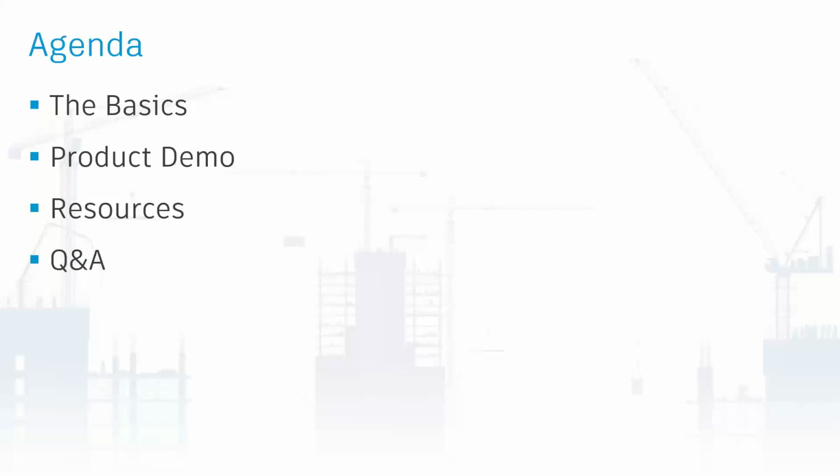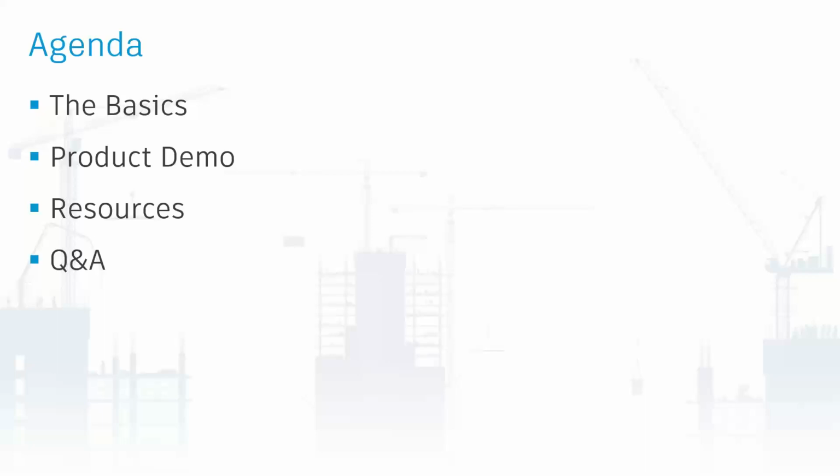So with that, let's go to our agenda. There are four main sections today. First, we will discuss the basics of BIM 360, so you know some terminology and the benefits it has for some roles or project stakeholders.